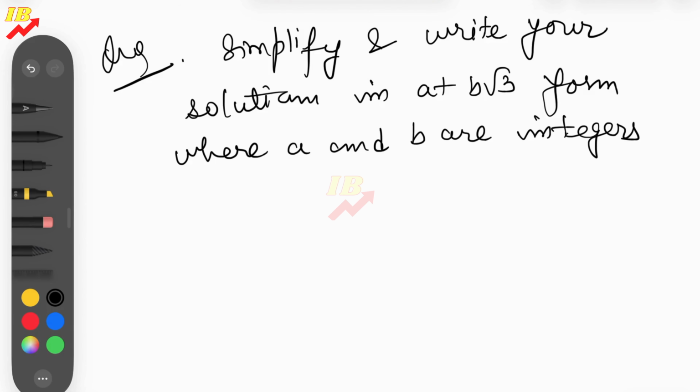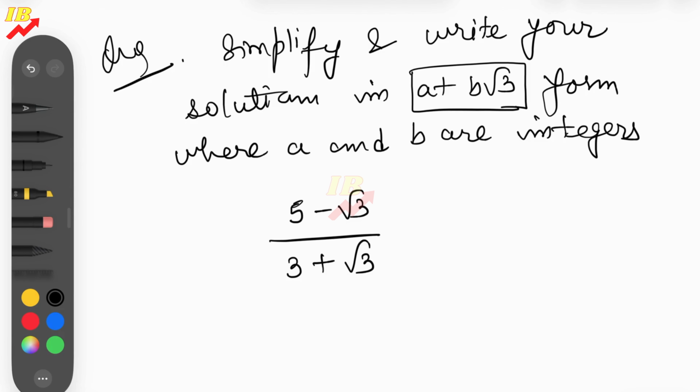So let's take that question. If I'm writing 5 minus root 3 over 3 plus root 3, so this is the question, this is the form that they have given to us, and we have to make it in this format, right?